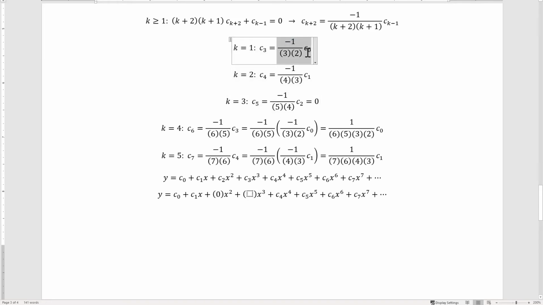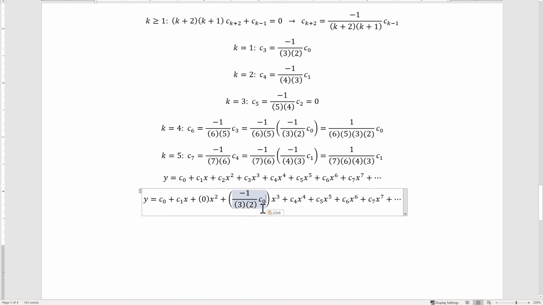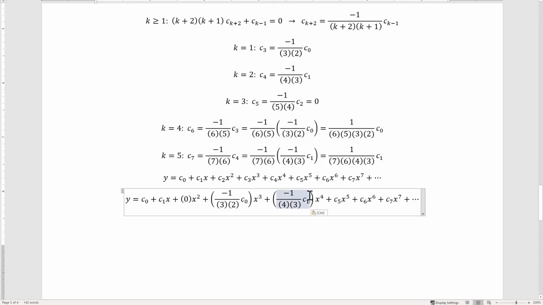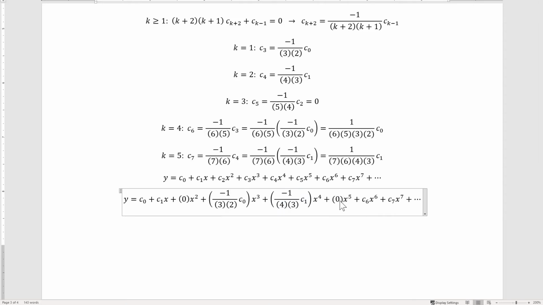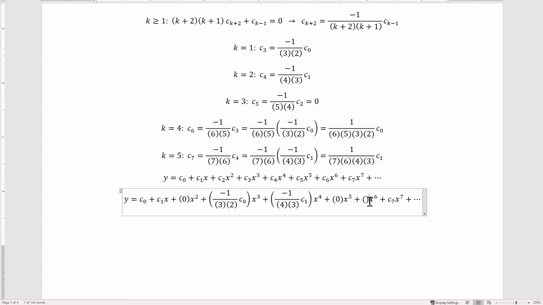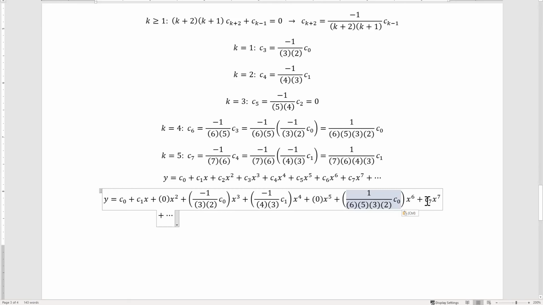C sub 3 is equal to this expression, negative 1 divided by 3 times 2 in the bottom, and then c sub 0, so we know that there's a c sub 0 there. C sub 4, we got something for that also. C sub 4 is going to be negative 1 divided by 4 times 3. C sub 5 is equal to 0. C sub 6, this is where it starts getting long. And then c sub 7.